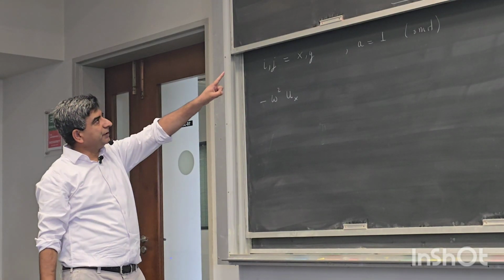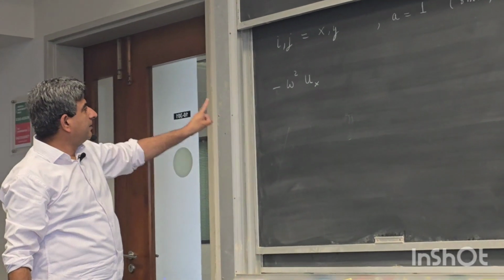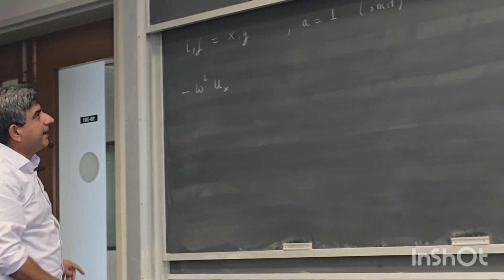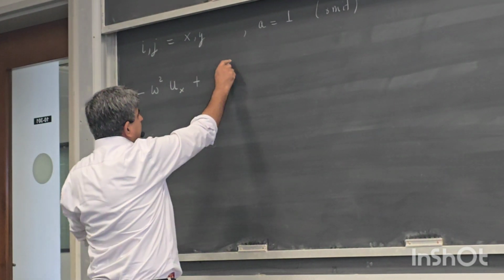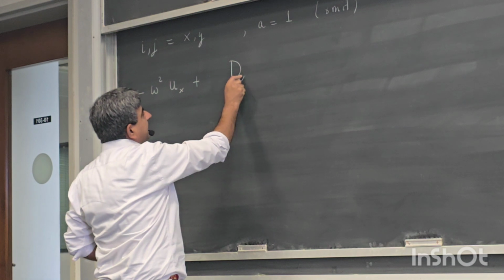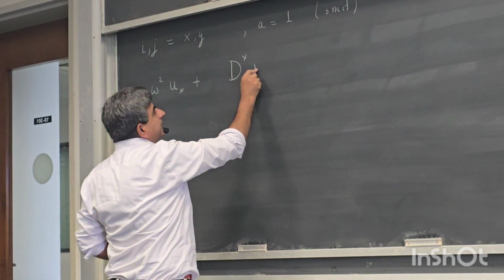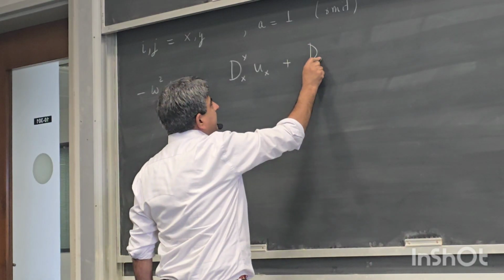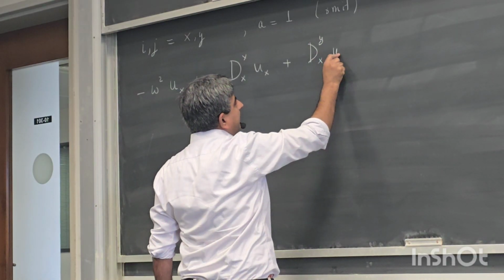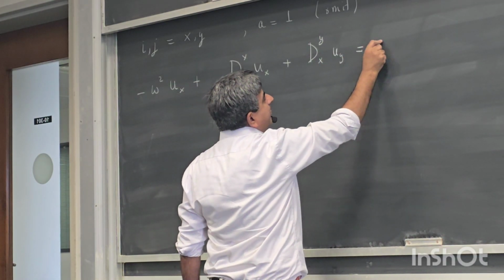So now I'm going to use equation number 2. Minus omega square ux plus dxx ux plus dxy uy equals 0.